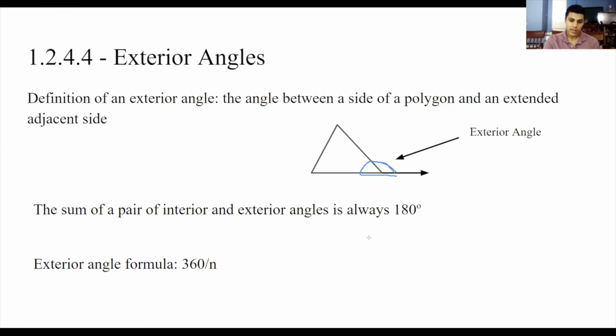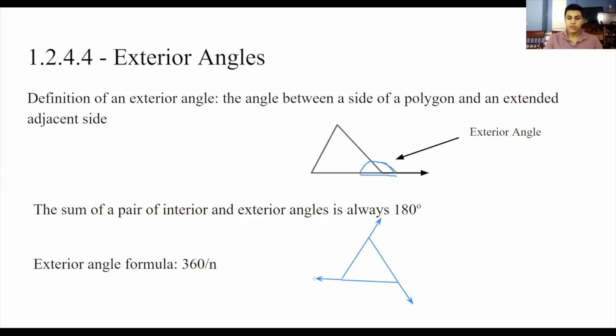But in a regular polygon, say we had a regular equilateral triangle like this, all of the angles are the same. And so are all the exterior angles. If I extend all of these sides, it's pretty easy to see that all of these exterior angles actually have the same measure.